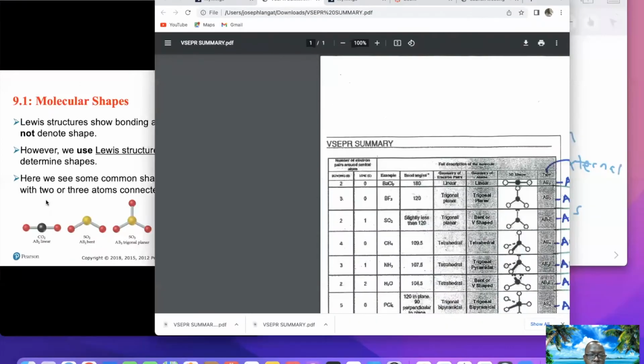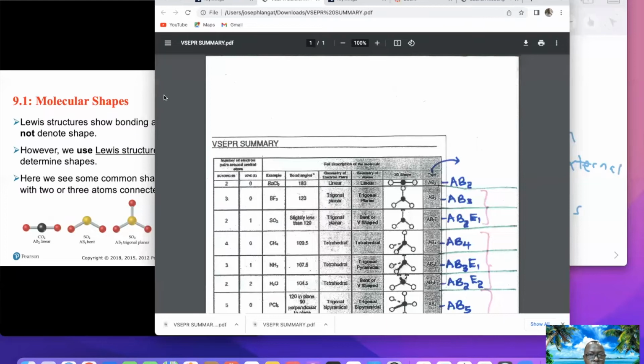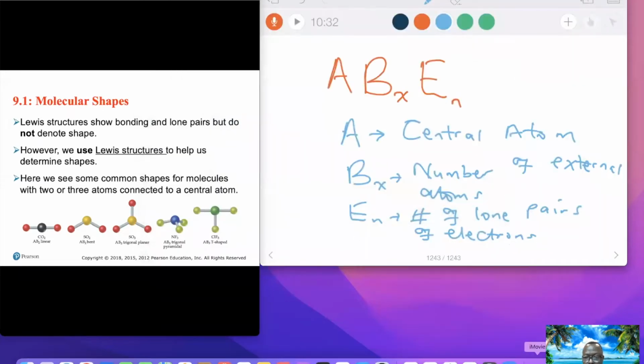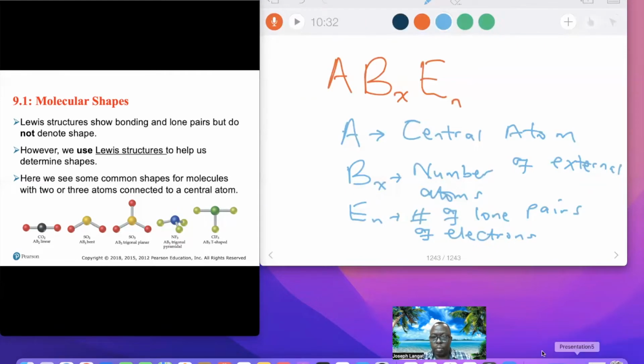I just wanted to show you so that when you get to drawing the Lewis structure, you have to remember the general formula.